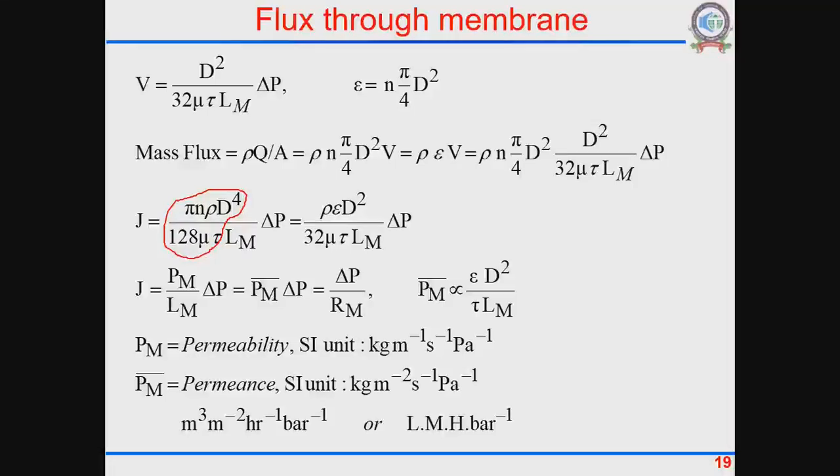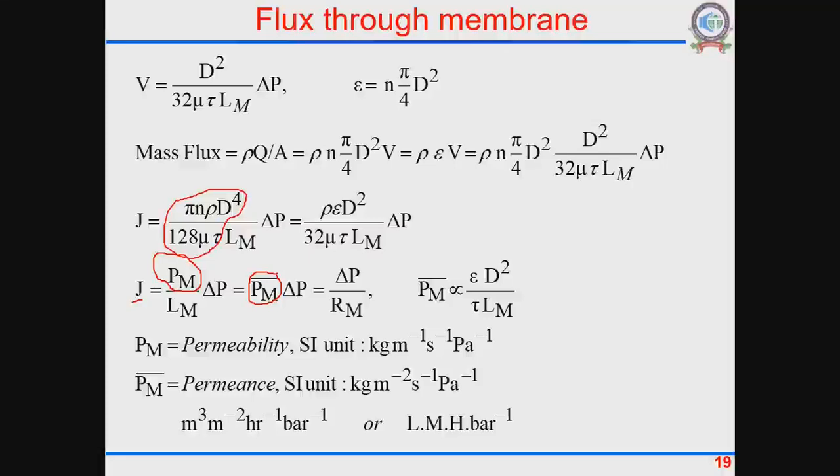This constant is a particular constant for a given membrane. We can call this the permeability, and the ratio of permeability and thickness of the membrane we can call the permeance. So now we can write an expression like the flux is equal to permeability divided by thickness multiplied by delta P, or flux can be related to permeance multiplied by delta P.